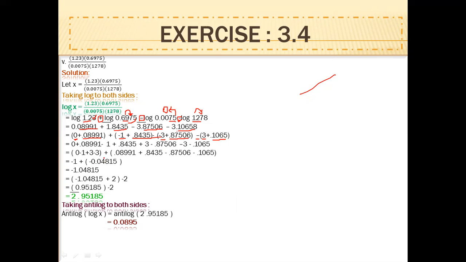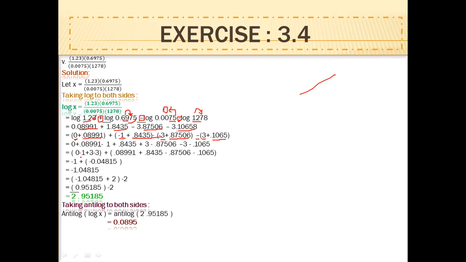Open the brackets here because we have the negative sign before the brackets, so the signs of the last two brackets will be changed. Plus will be changed into minus and minus will be changed into plus.